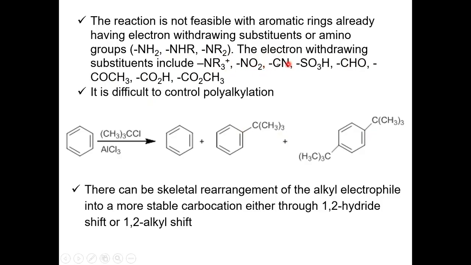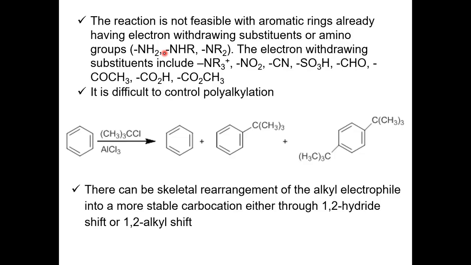We'll talk about these groups further. Any of these electron withdrawing groups, you will not have any feasible reaction. Very important. So if I give you aniline plus maybe methyl chloride in the presence of AlCl3, you are not getting anything. Very important. Take note of this.